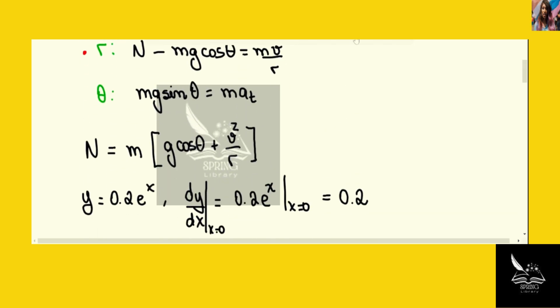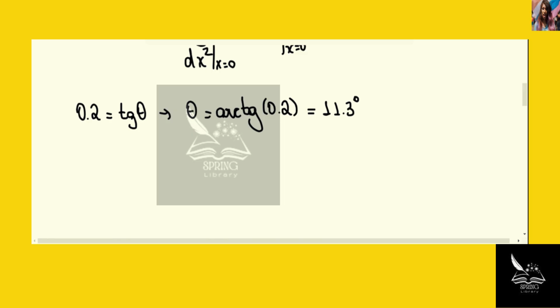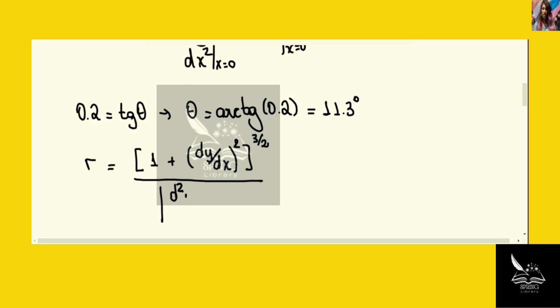Another thing that we need is the radius of curvature r. So let's find this. Remember, according to the formula that I wrote before, r is (1 plus (dy/dx) squared) to the 3/2 divided by the magnitude of d2y/dx2.